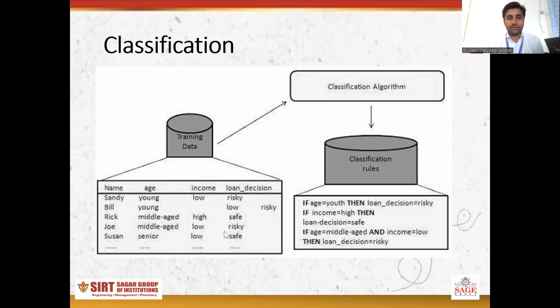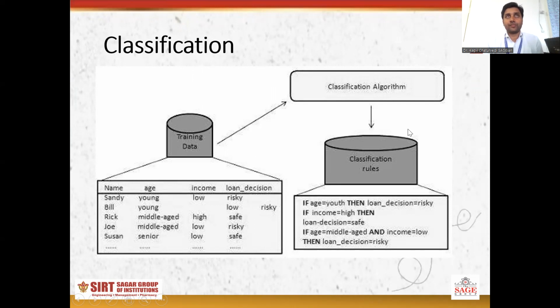On the basis of risk, they identify to whom the loan should be sanctioned. This whole mechanism works on if-then rules. If age is youth, then loan decision is risky. If income is high, then loan decision is safe. If age is middle aged and income is low, then loan decision is risky. On the basis of these rules, you can classify the data. This is the fundamental of classification.